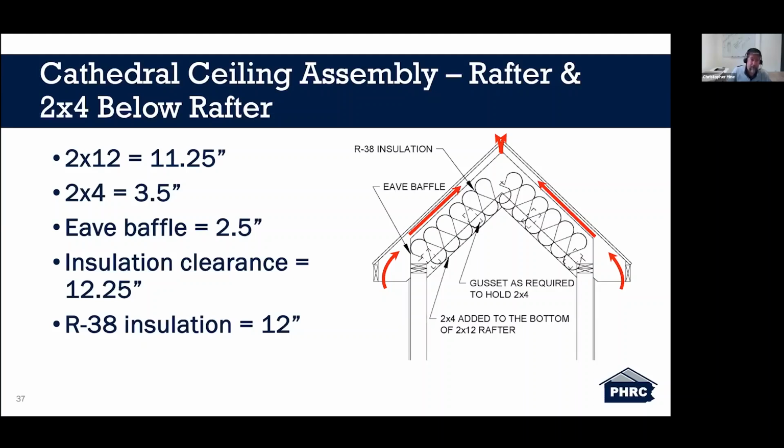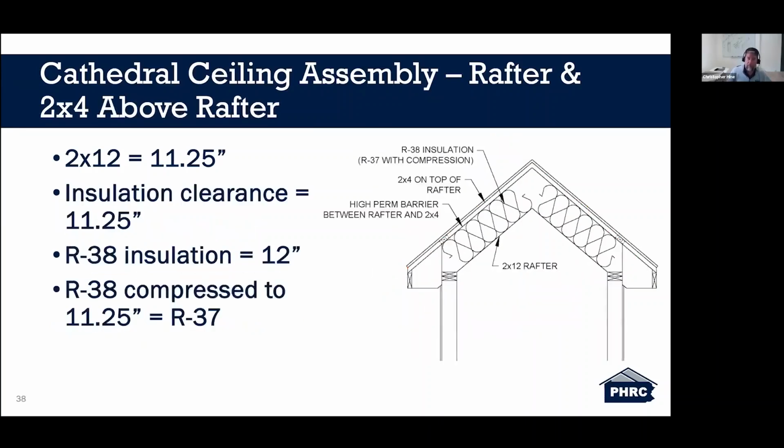Now we have an insulation clearance of 11 1/4 inches. This gives us the ability to not only meet the R30 requirement, but we have the potential now to install something of a greater R value, or R38 at this point, which is 12 inches, slightly compressed. But again, we're above our R30, so that slight compression should be accepted.